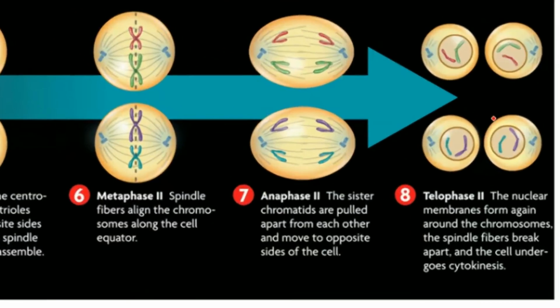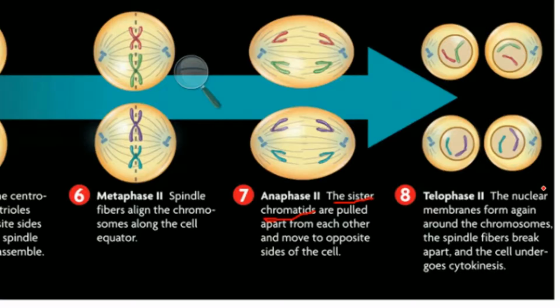What's taking place here in meiosis 2, again, these phases are very similar to what happens in mitosis with these important distinctions. Again, it's in meiosis 2 that the sister chromatids are going to be pulled apart. In anaphase 2 here, they're going to be pulled apart.